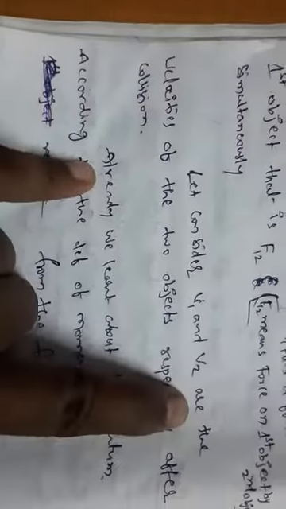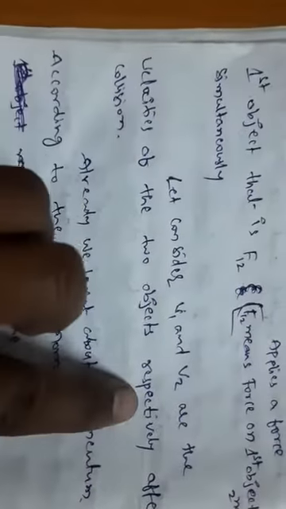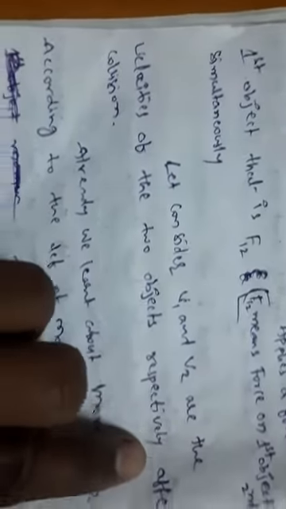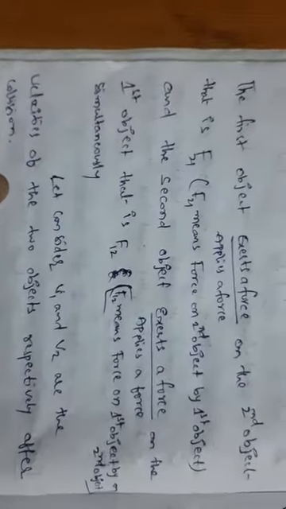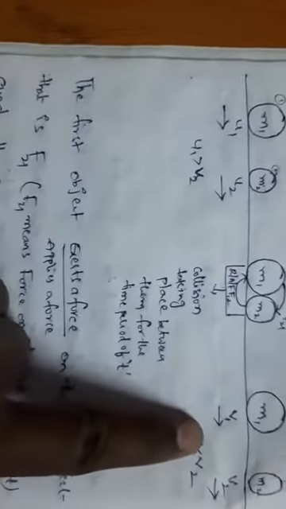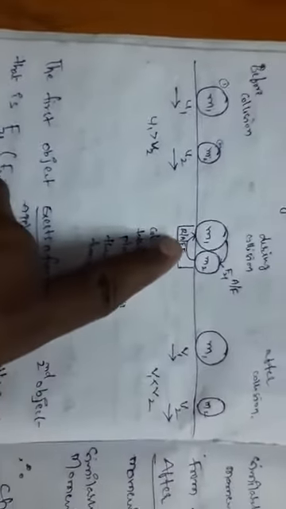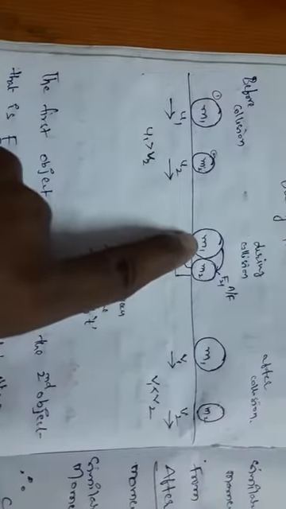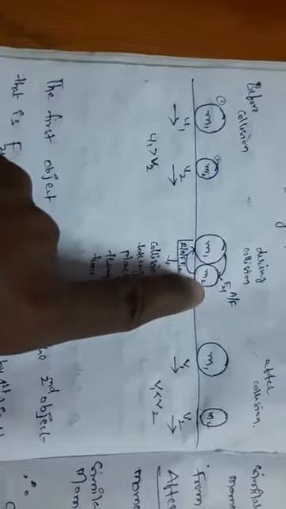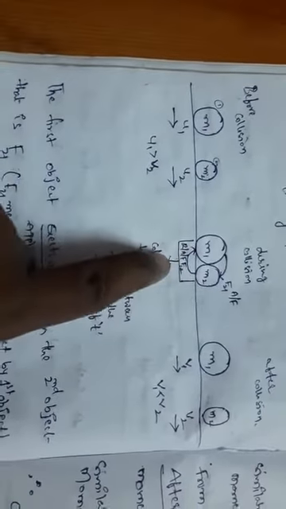Let us consider v1 and v2. V1 and v2 are the velocities of both objects respectively after collision. To understand it, we go through the diagram once again. See the diagram. During the collision, some forces work on each other. First one applies force F21, second one applies force on the first one, F12.